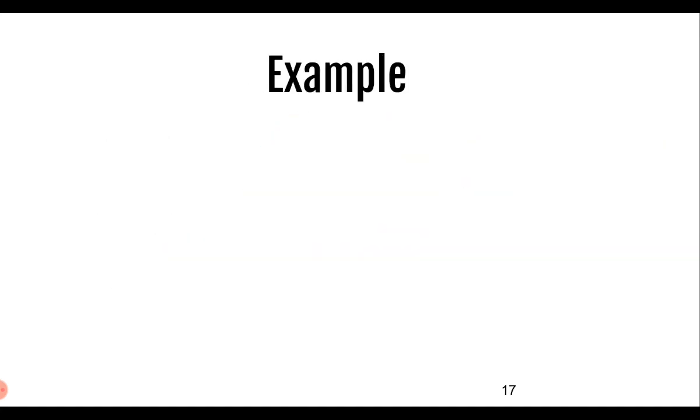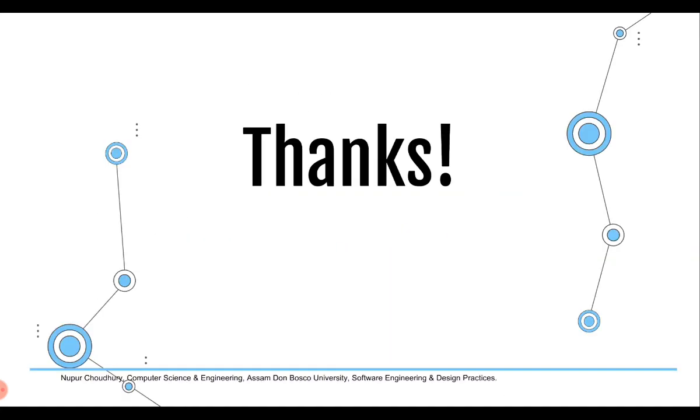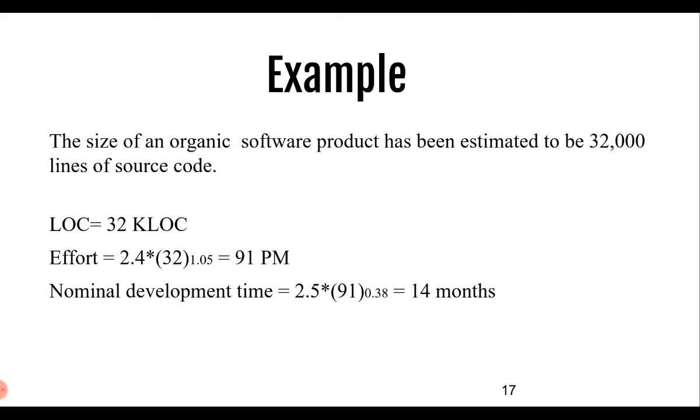So we have an example for this. The size of an organic software product has been estimated to be 32,000 lines of code. We have to identify the development effort and the development time. So 32,000 lines of code is converted into 32 KLOC, and since it is organic software, we will be using the values 2.4 and 1.05 as per the table.